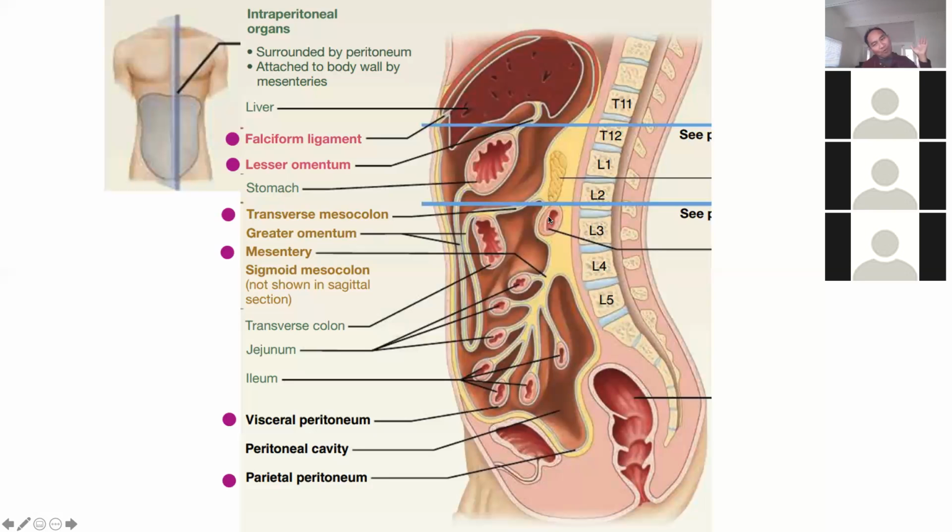Duodenum is posterior to the peritoneal cavity. And this little yellow structure here, that is the pancreas. Pancreas is posterior to the peritoneal cavity. So we call them retroperitoneal structures.